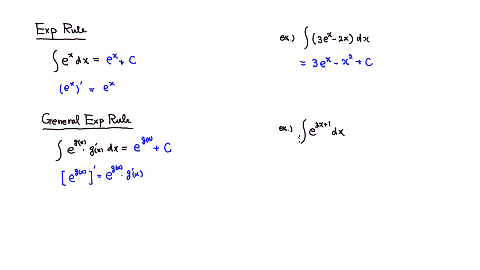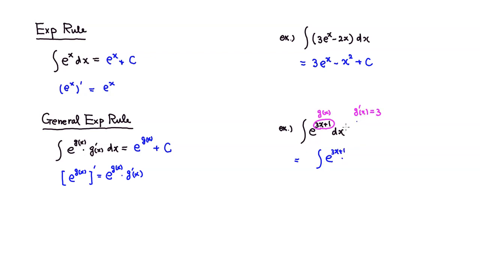What if you have something like this, e to the 3x plus 1? What we want to do is think of this as g of x. Remember, g prime of x in this case is just 3. So we can rewrite it this way: the integral of e to the 3x plus 1 times g prime of x, which is 3.